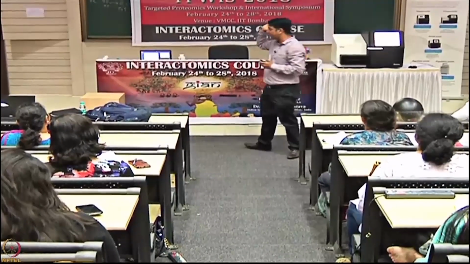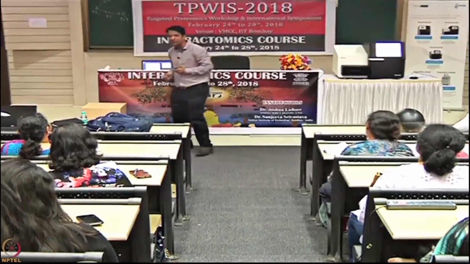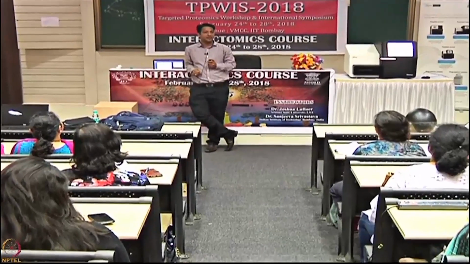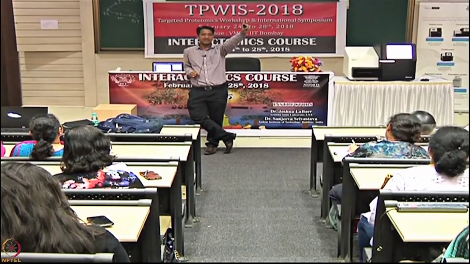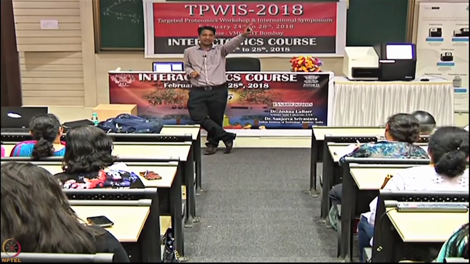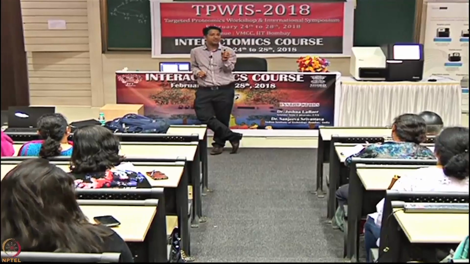Just think, if you wish to sequence a human genome, how many Sanger reactions do you need to carry out? The length of the human genome is 3 billion base pairs, 3 into 10 to the power 9, and the maximum length you can sequence is 1000 base pairs.